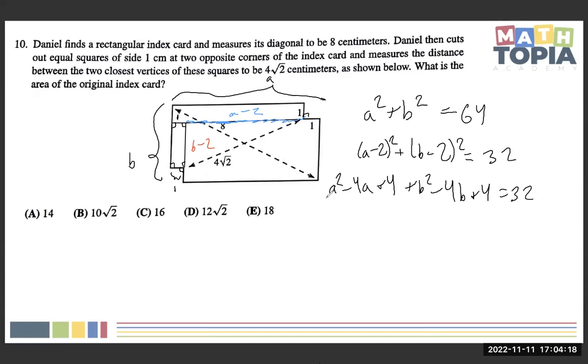This A squared plus B squared gives us a 64 in the equation, because A squared plus B squared is equal to 64.